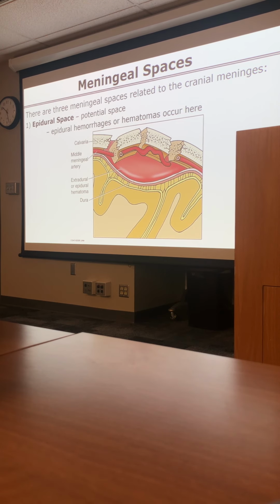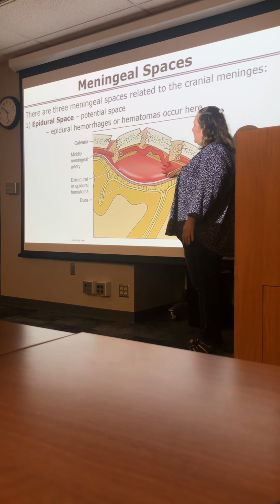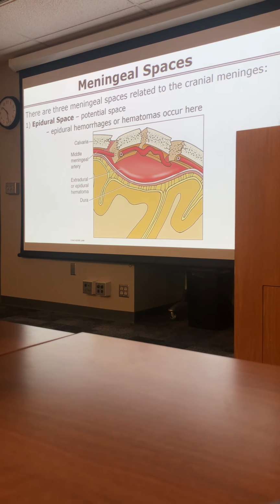Now the problem is that your brain, you'll notice when we look at the removal of the brain, is going to take up all the space in the cranium. And so there's not a lot of give. And so if we start collecting blood here, it's going to start compressing on the brain tissue. And so compression of the brain increases as blood mass increases, and so that's got to be fixed typically.